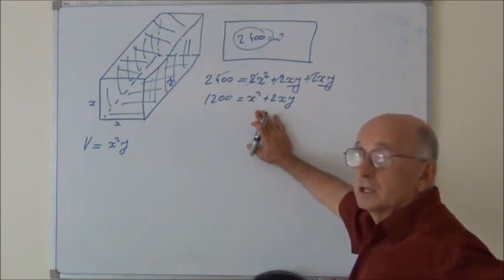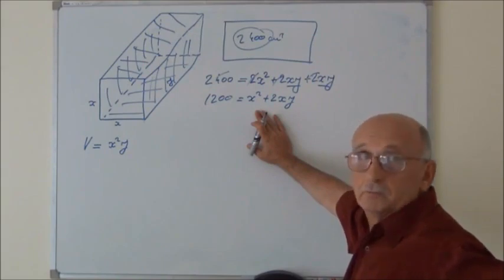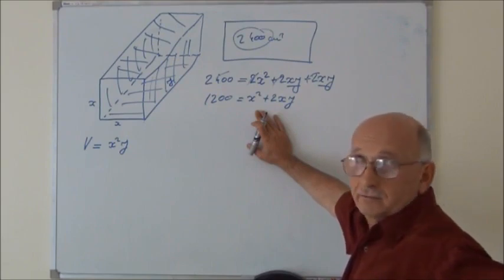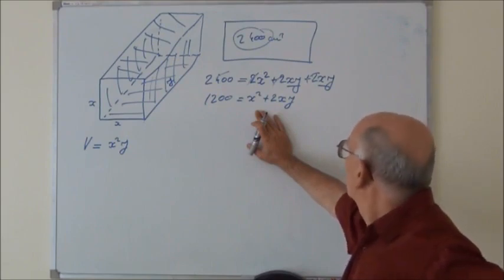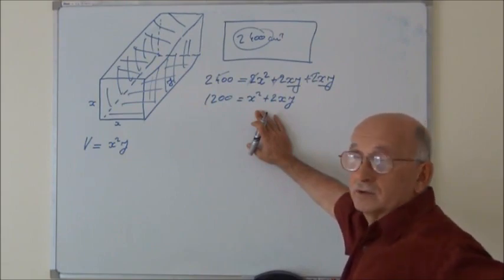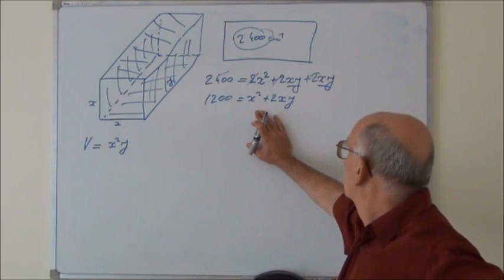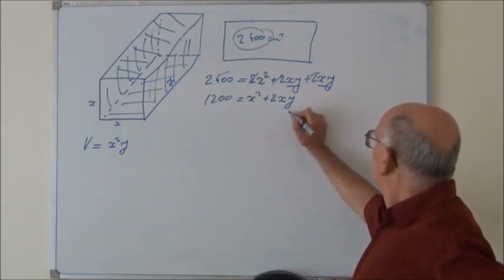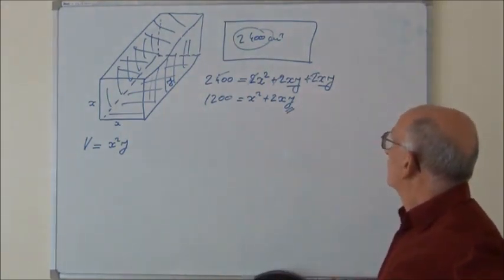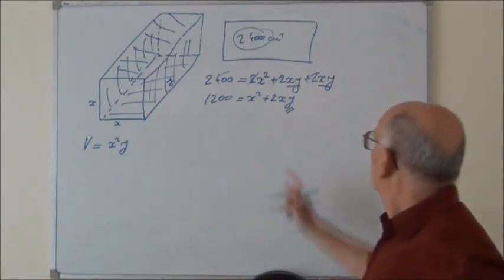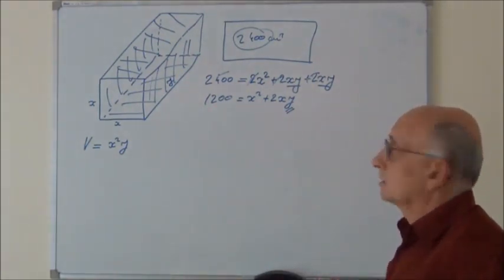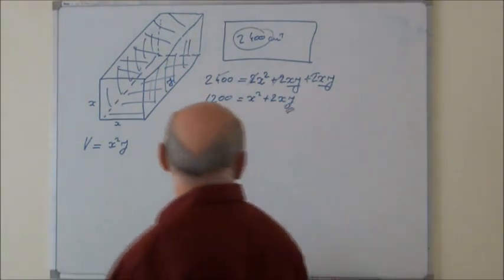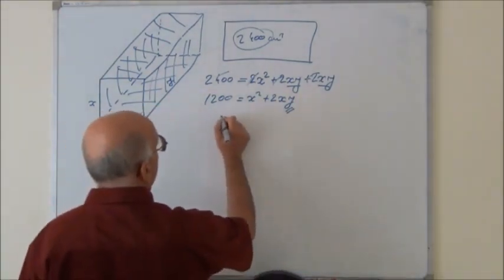If we express x in terms of y, we may have some problems, because x is a squared function in terms of y, and more likely we will get two different values of x. It is much easier to transpose this equation to make y the subject and to express y in terms of x, and then to substitute here, which gives us easier work.